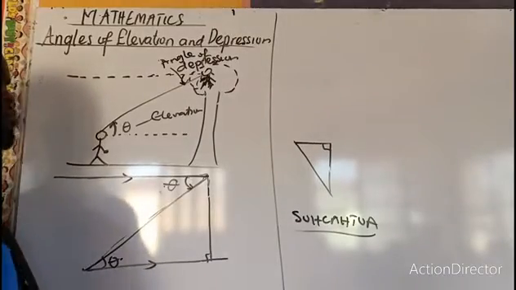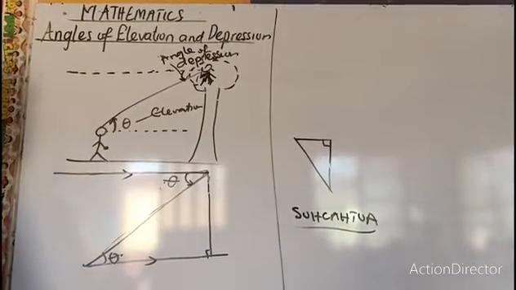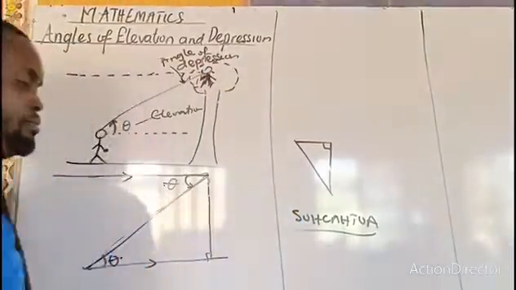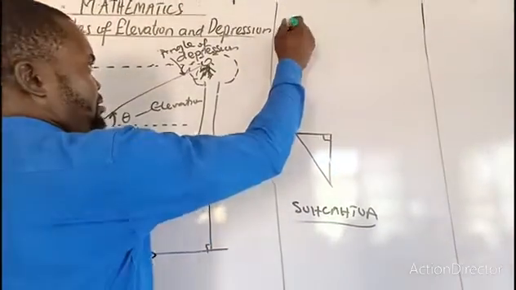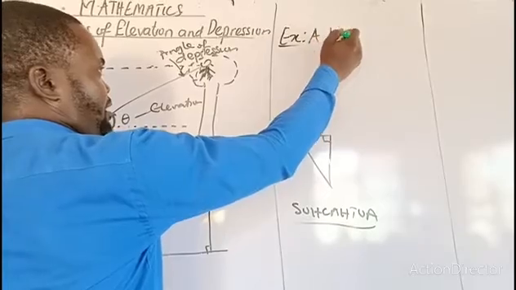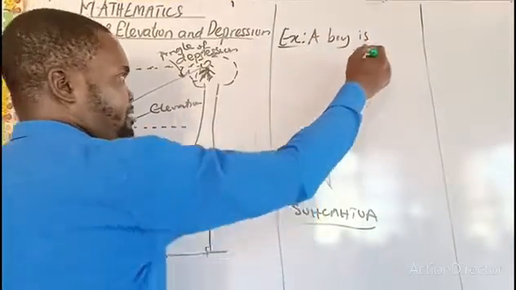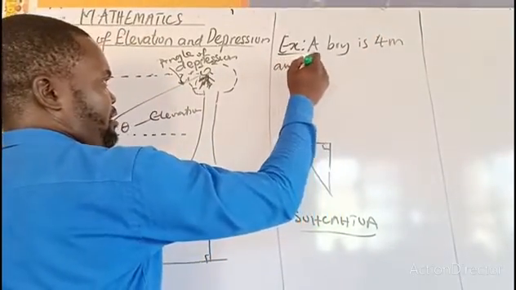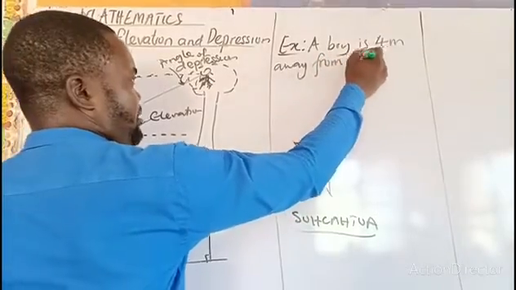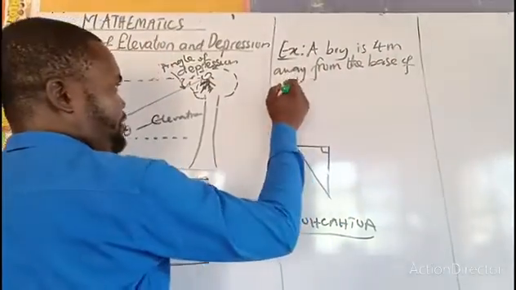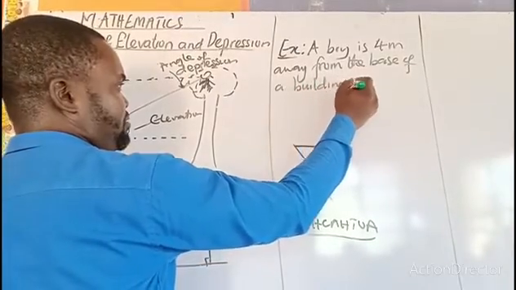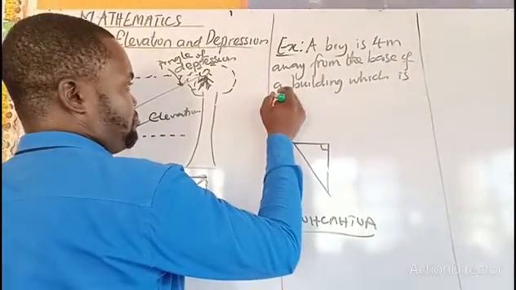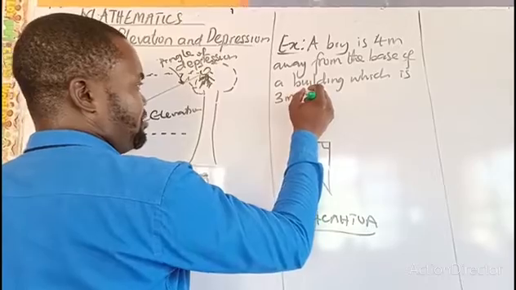Now, let's form a question on what we have just said. Let's form a question that relates to it. Now, a boy is 4 meters away from the base of a building which is 3 meters tall.